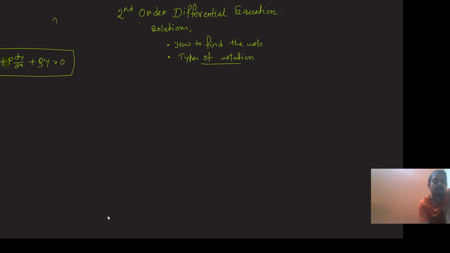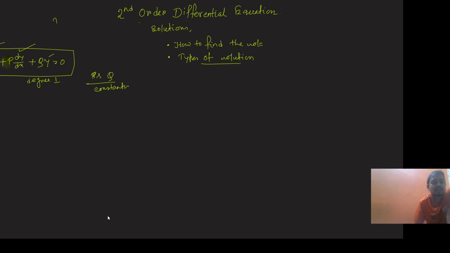This is a second order differential equation since the highest order derivative is 2, and the degree of this equation is 1. The coefficients of dy/dx and y, here we consider p and q, and these p and q are constants.